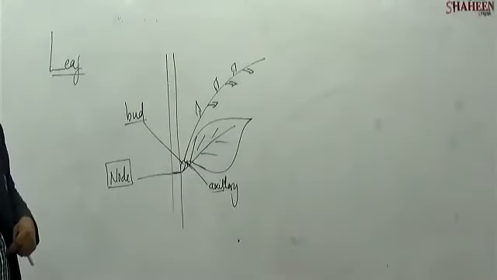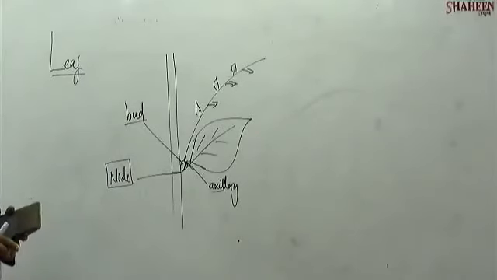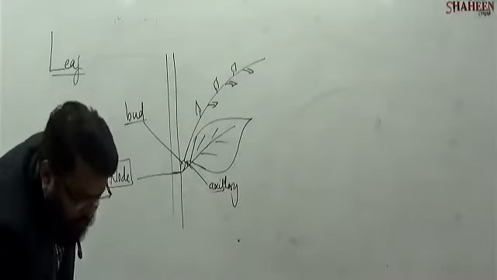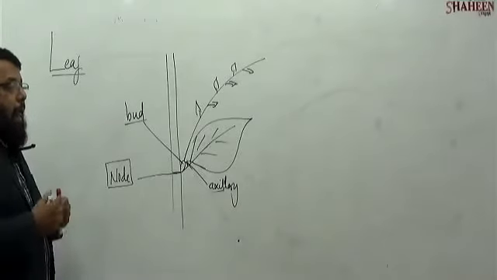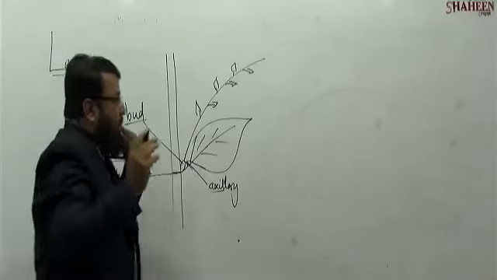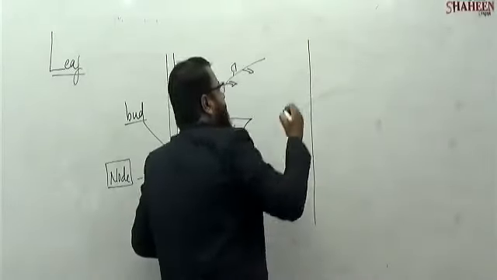Now, next one. These buds are axillary buds. And one more thing. You observe here, this is a stem.